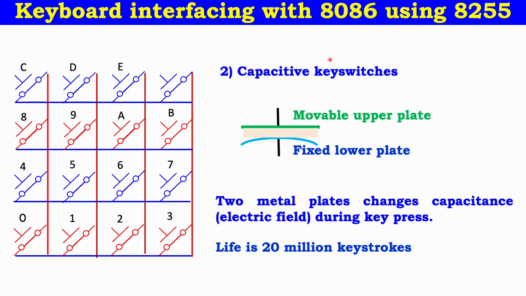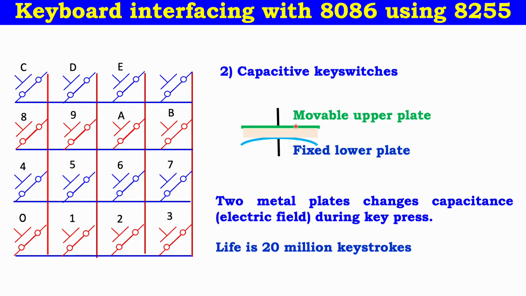The second one is the capacitive key switch. These capacitive key switches are what we observe in all applications used in day-to-day life, when you are operating the keyboard of a computer, the keyboard of a mobile, the remote keys of a TV, and so on. These capacitive key switches operate with two plates, one moving and the other fixed.